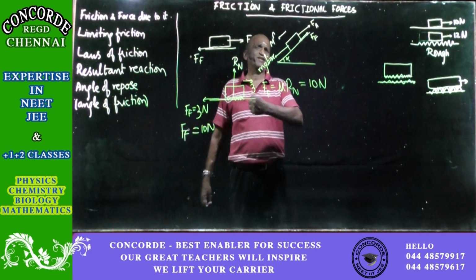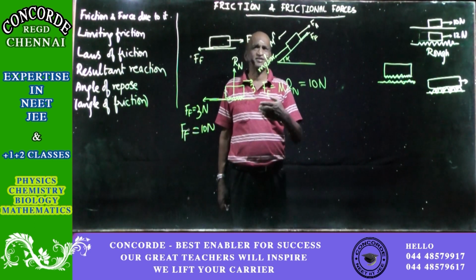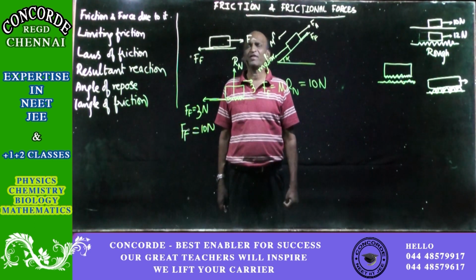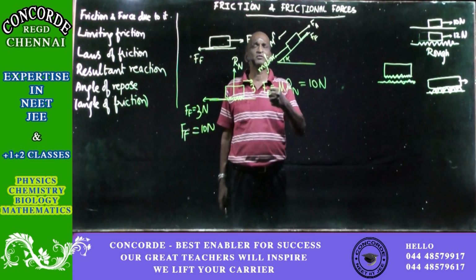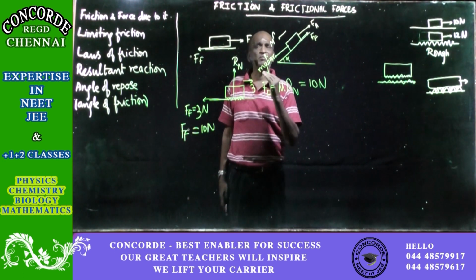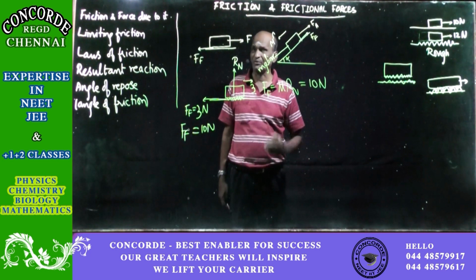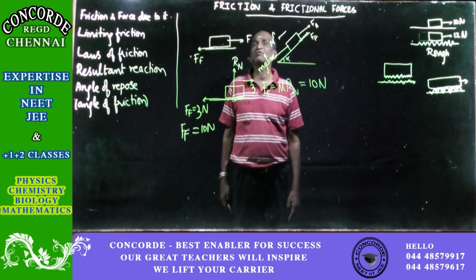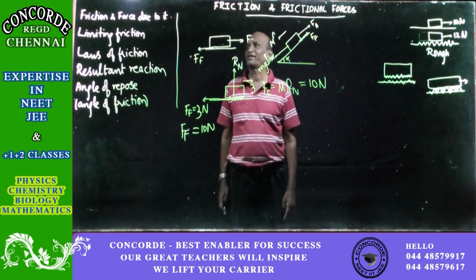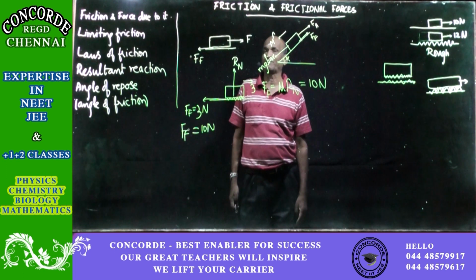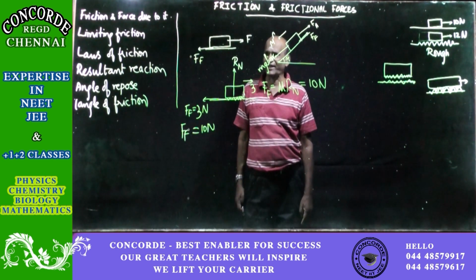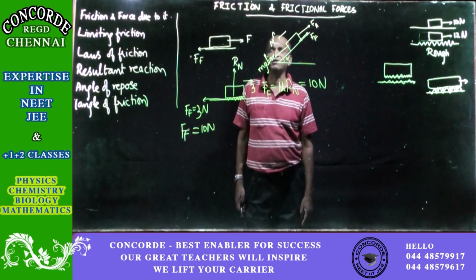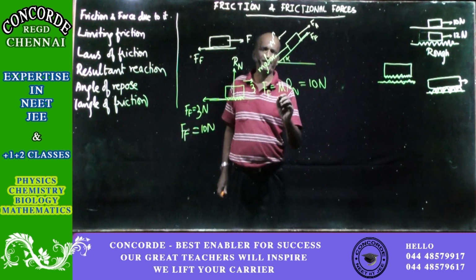You can also put it like this: when the body is about to move, it is the maximum limit for rest. The equilibrium at that time is called limiting equilibrium, and the friction we have in limiting equilibrium is called limiting friction.